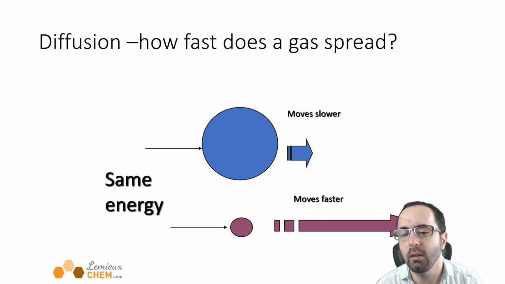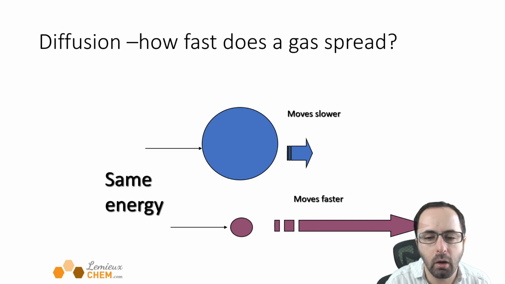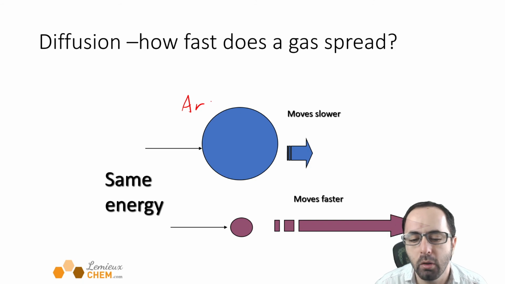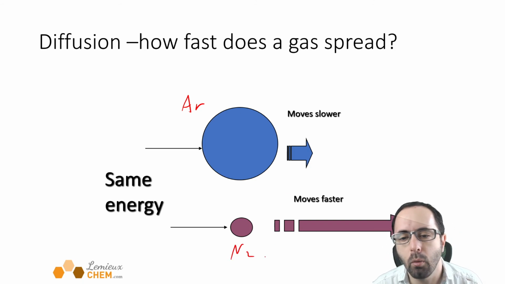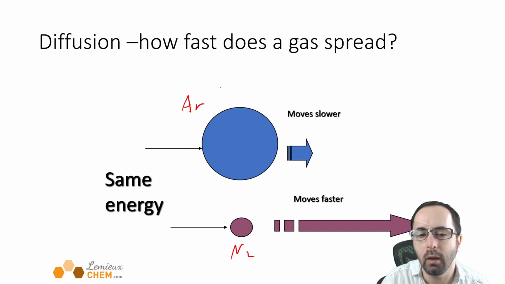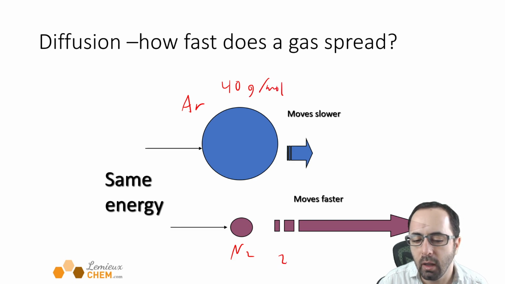This is also related to filling up car tires, for example. Some car dealerships or tire shops will offer argon to fill your tire, as opposed to regular air, which is mostly nitrogen. The reason is that argon has a molar mass of 40 grams per mole, whereas nitrogen has a molar mass of 28 grams per mole.